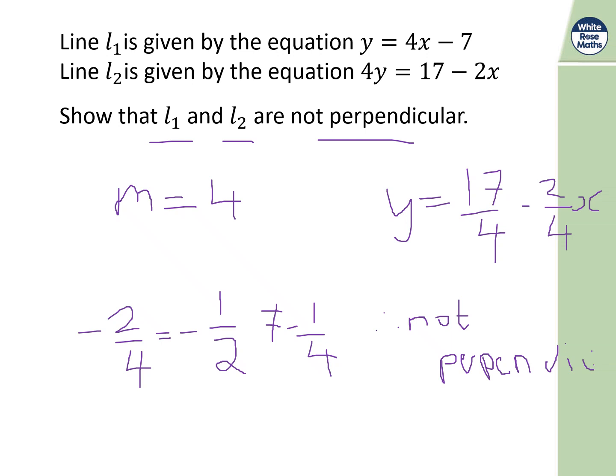I can't even spell that, I apologise. Perpendicular. So I'll just put not perpendicular.